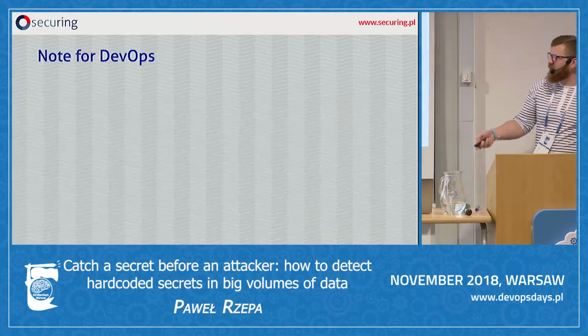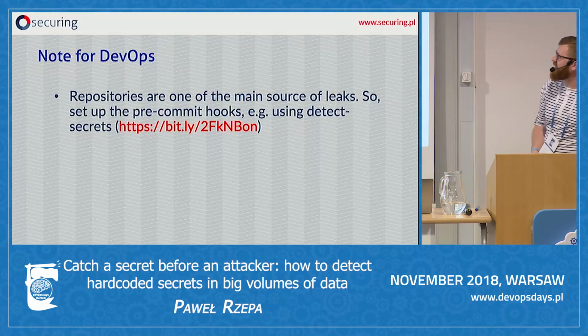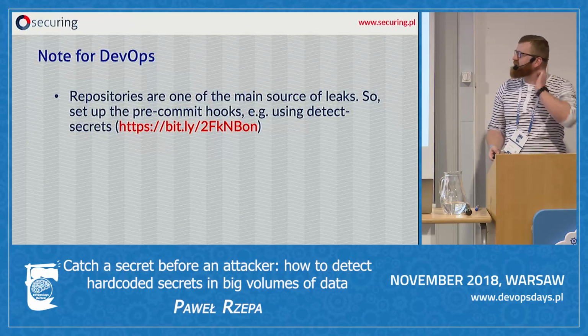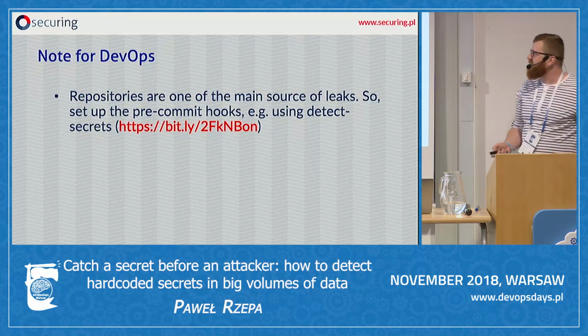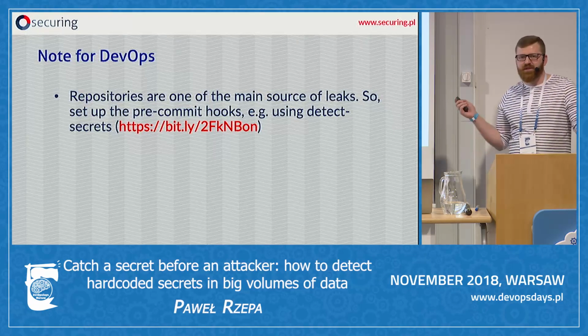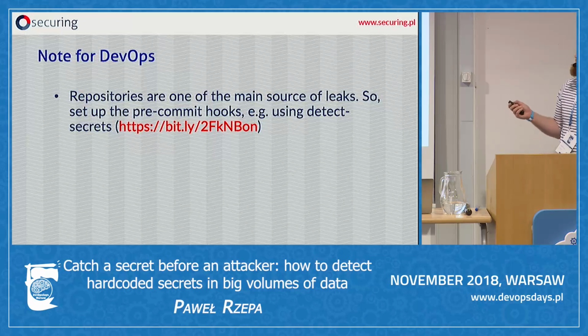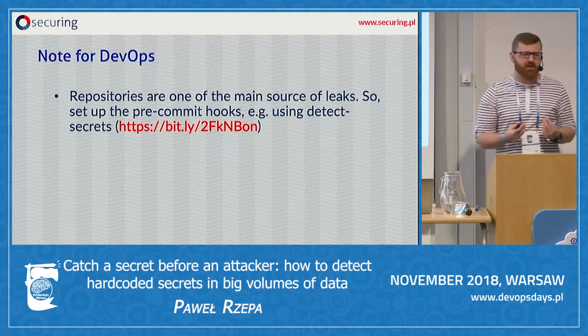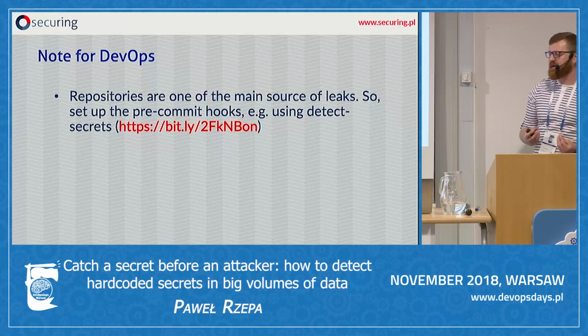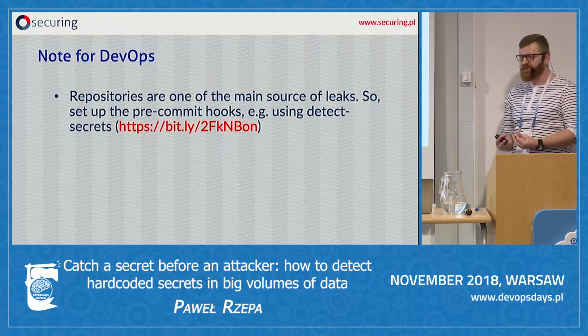So yeah, what conclusions can we take? Repositories are still one of the main sources of key leaks. You can use, for example, very nice tools that detect secrets, and they also use entropy for finding keys.